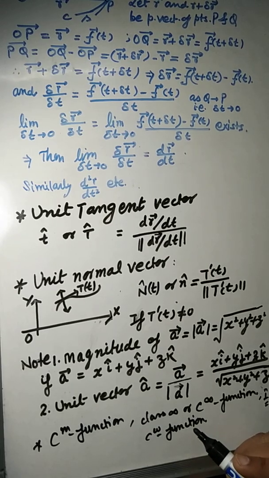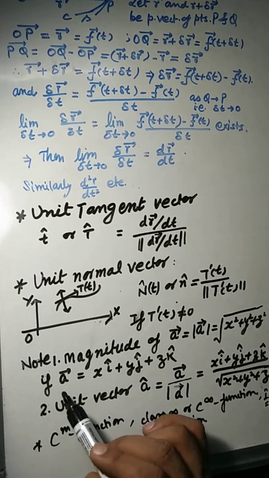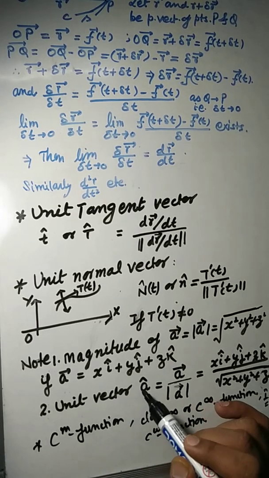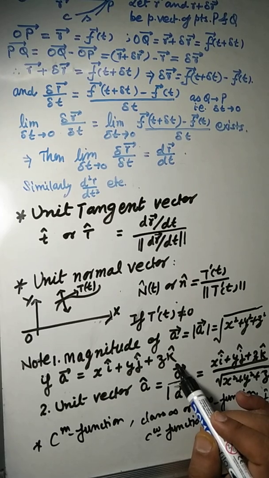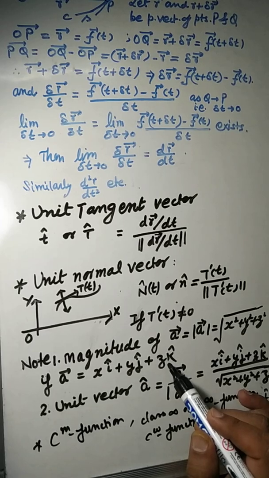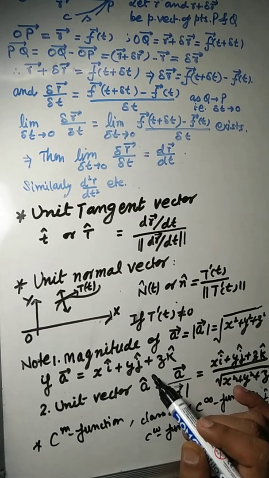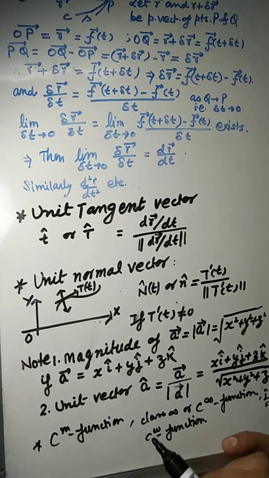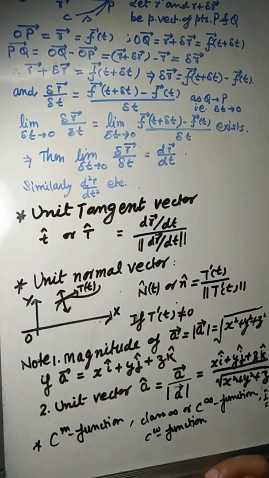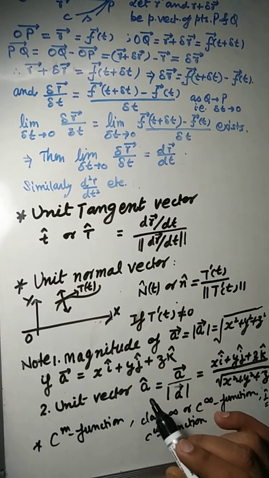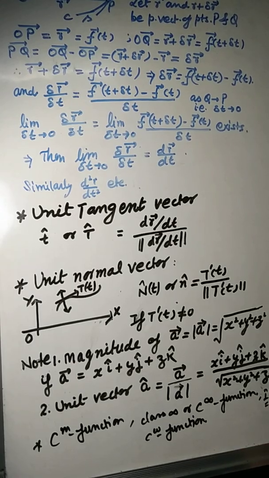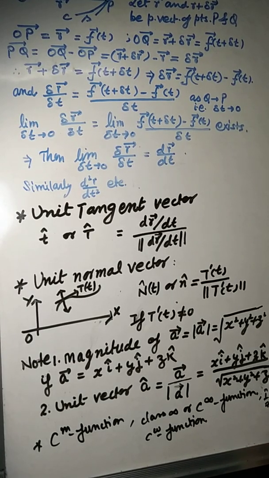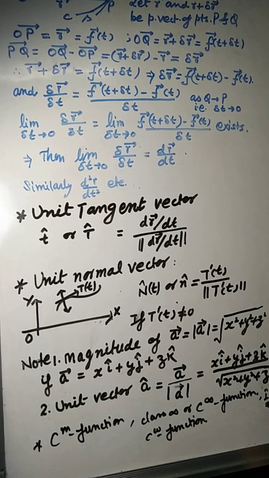And a vector valued function like this, x i, y j and z k cap, defined on an interval is known as of class m if this vector has a continuous derivative of mth order on the given interval I at each point on the given interval I.